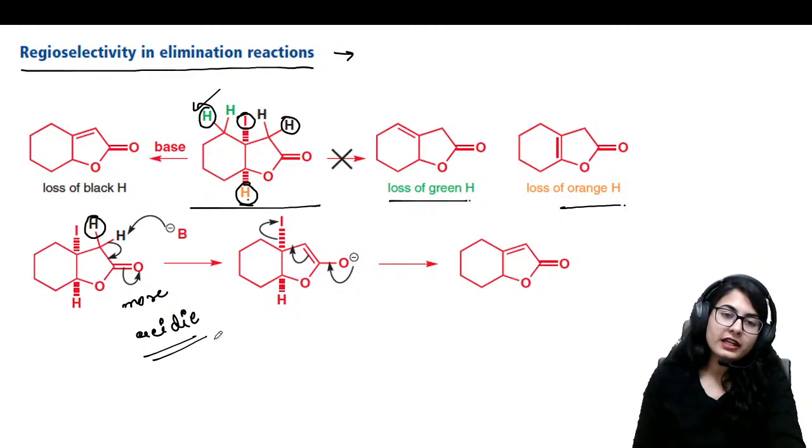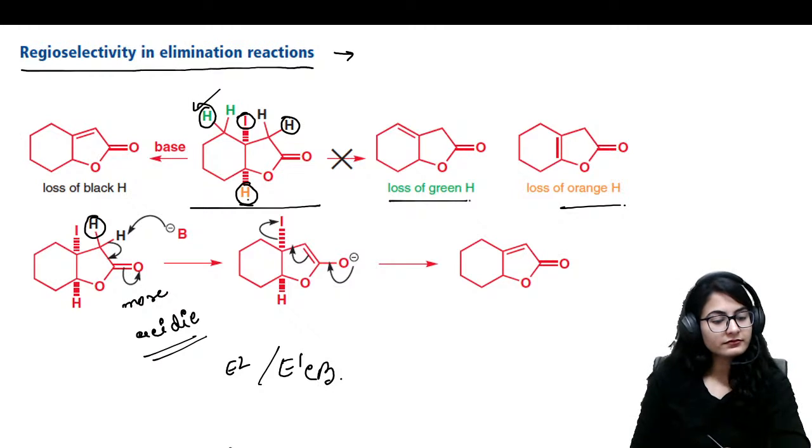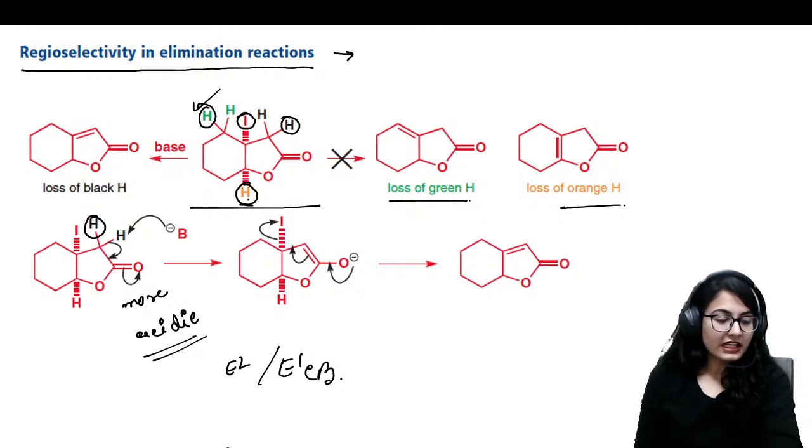More acidic proton है. So is it going to go under E2 elimination या फिर E1CB? क्या होना चाहिए? E2 है या E1CB है?